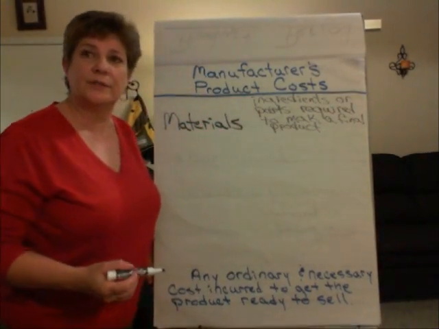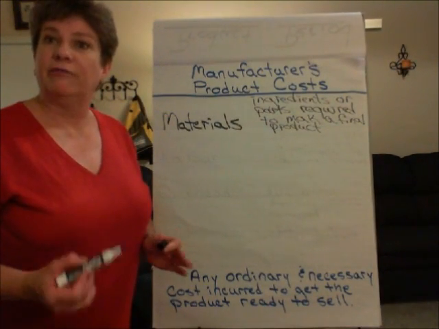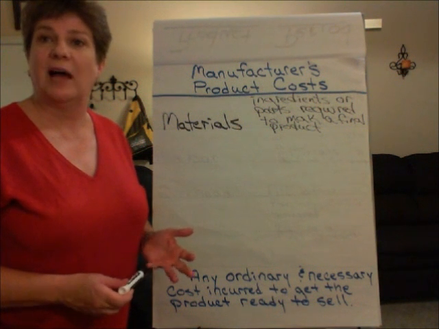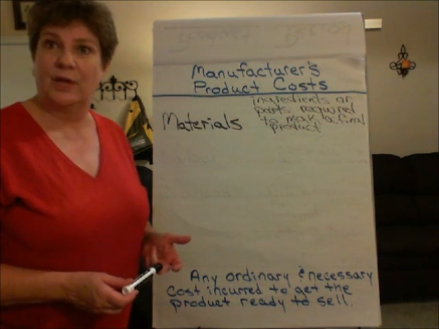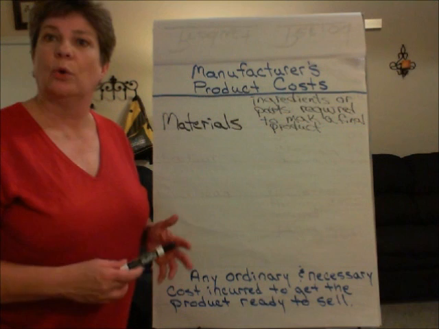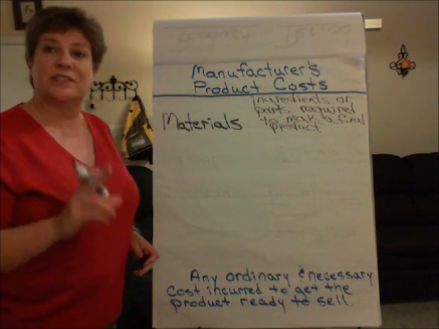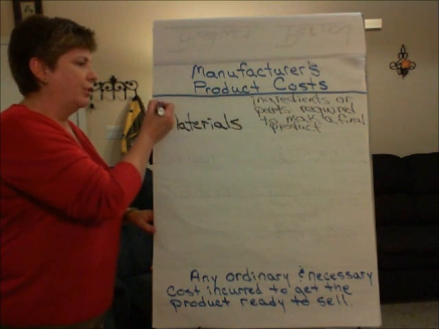The ingredients, the parts needed to make a finished product. So, for example, if we were baking a cake, we would need flour and sugar and eggs. Those are the ingredients that go into the finished product, the cake. This is the first, materials.